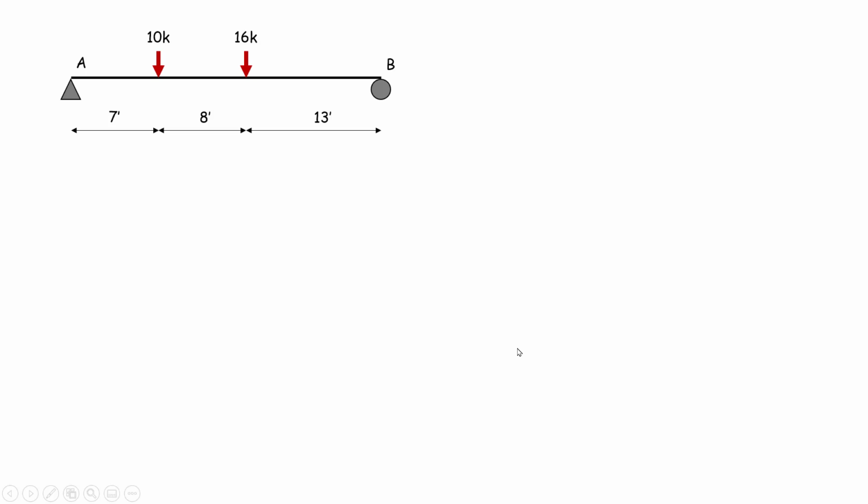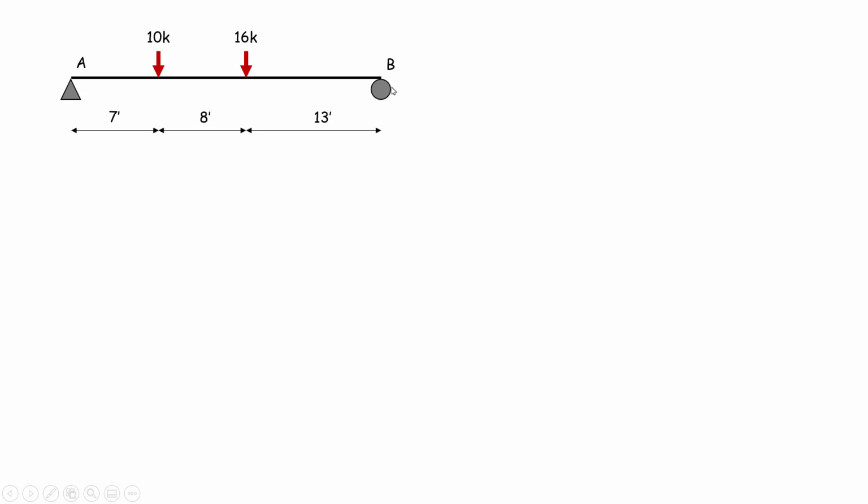So the first step you need to do is to simplify the structure on the previous slide. I simplified the structure in the previous slide into a free body diagram over here. The next step is to put all of the reactions you can have in this free body diagram.